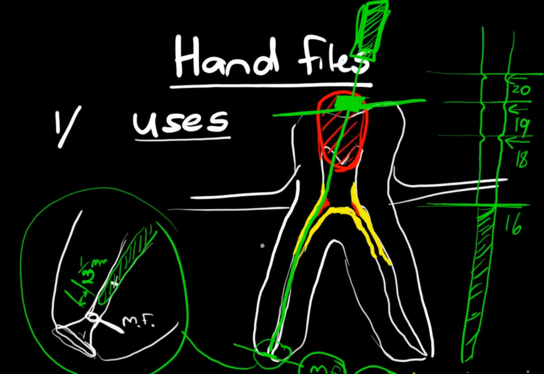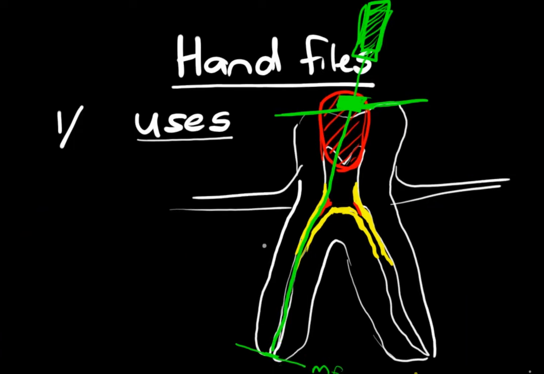It is worth noting that Comet and maybe one or two other files have these indentations, but most files do not have that particular feature. It is also worth noting that when you take one of the smaller, maybe let's just say an 06 hand file, into a very tight canal, like we're seeing here in the distal root of this lower molar, you find that it forms a very nice impression of the canal itself.